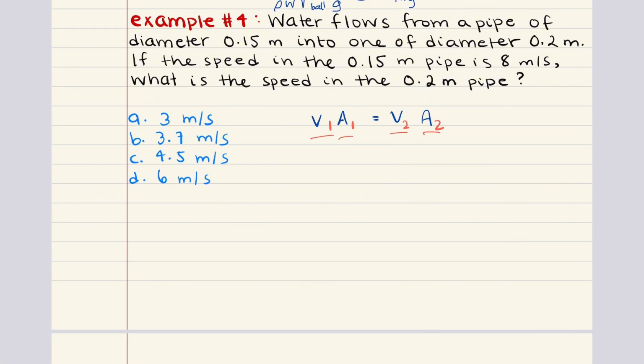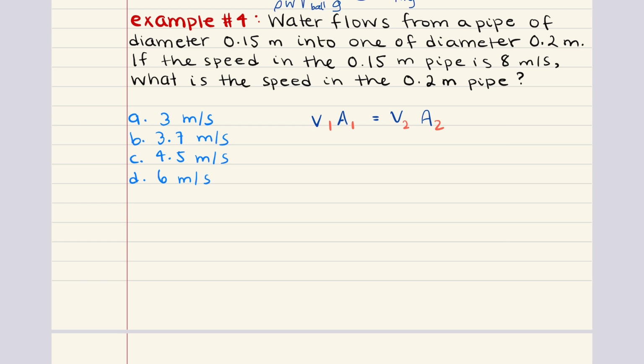This equation tells us that the product of the area and velocity at one point in the pipe must equal the product of the area and velocity at another point. In other words, the amount of water flowing through the smaller pipe per second must be the same as the amount of water flowing through the larger pipe per second.